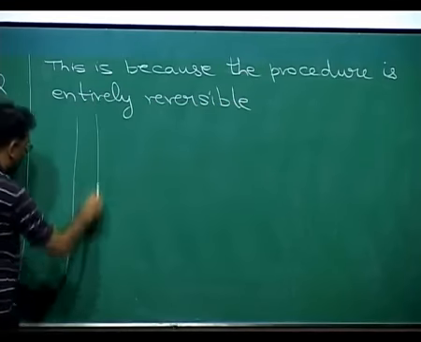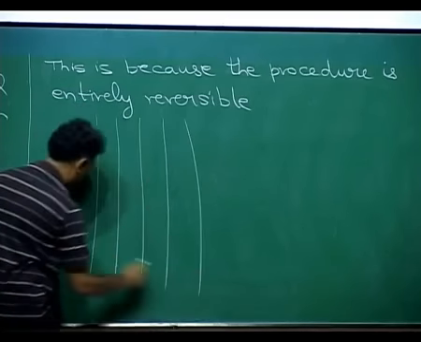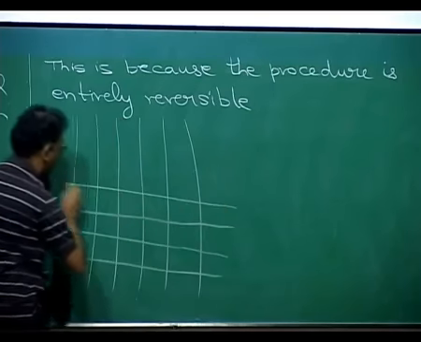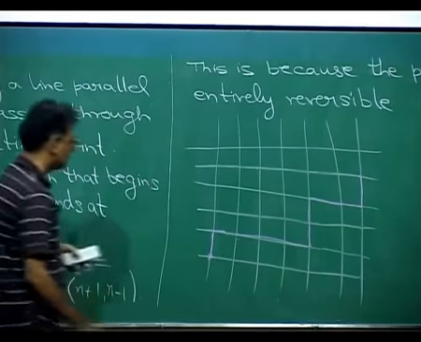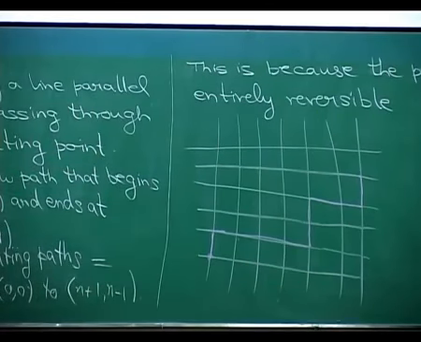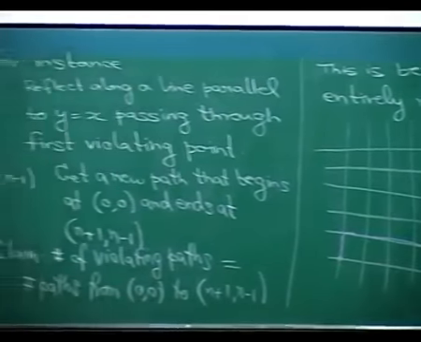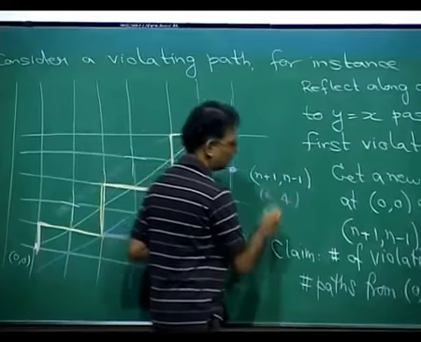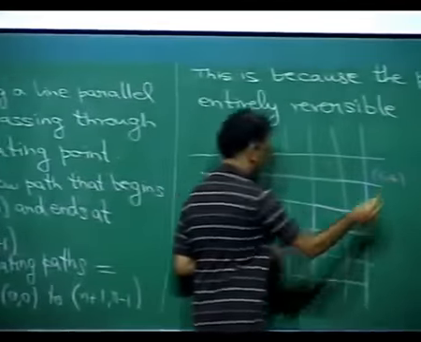So let me take this picture. And let me take this path. This is some path from 0, 0 up to the point n plus 1, n minus 1. This is 5, 5 for us, 6, 4. So some path to 6, 4.